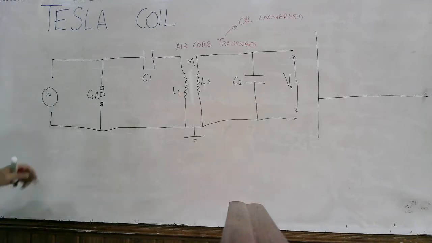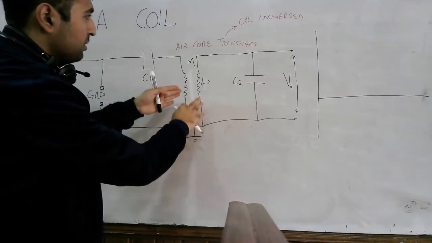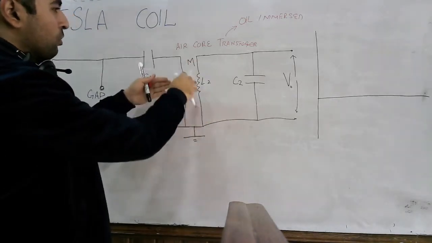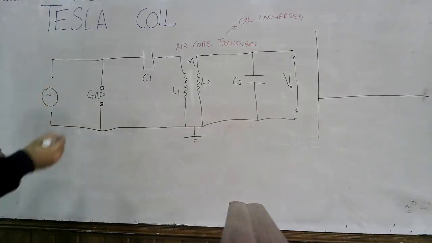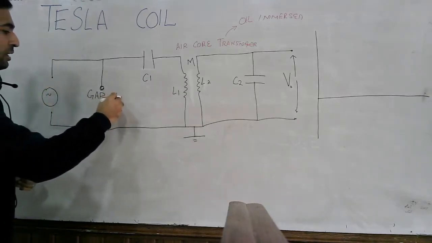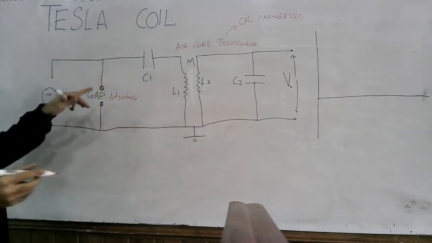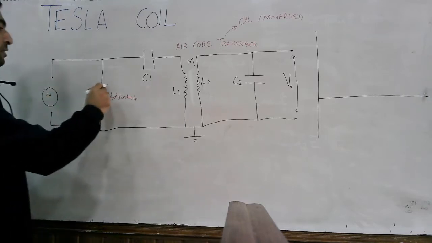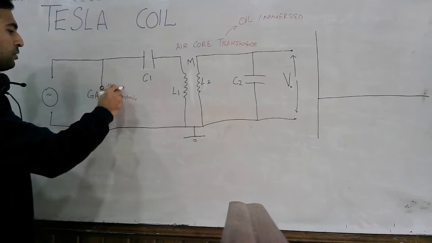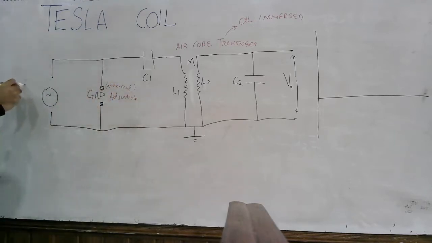Okay, so now here you have these two capacitors, these inductors making the air core transformer, and this is the spark gap, and this gap is actually adjustable. You can adjust the distance between these two electrodes, and the surface of the electrode here is spherical. Normally you use spherical electrodes for the gap, and here you have an AC supply.